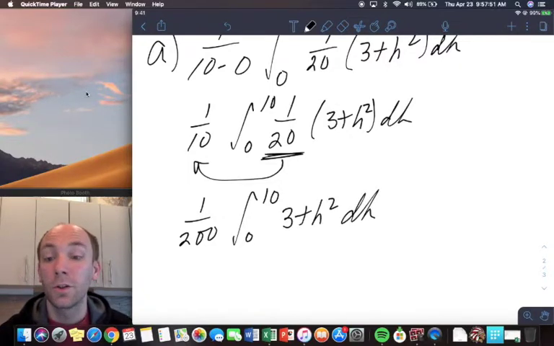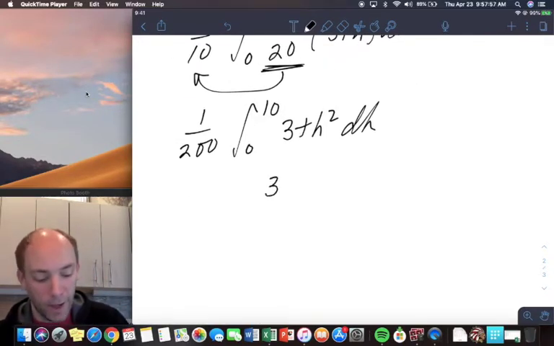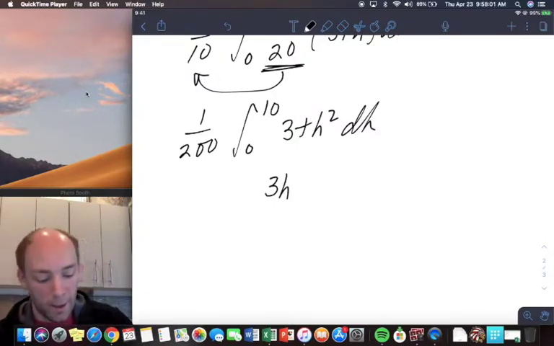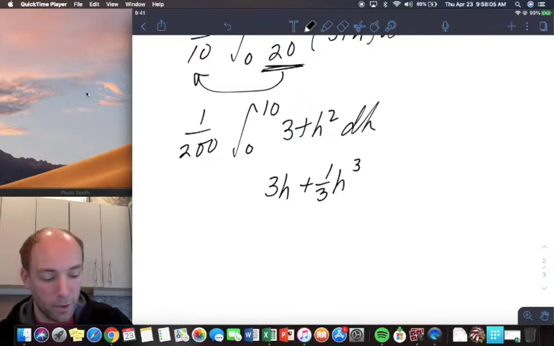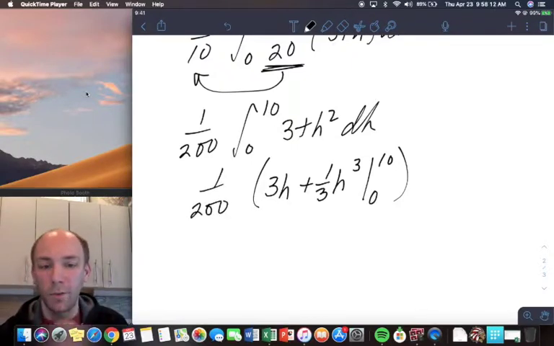To evaluate an integral, we need to find the antiderivative. For a plain number you add on a variable, and for h squared you add 1 to the power and divide by the new power. Then we evaluate from 0 to 10, with the 1 over 200 still in front.